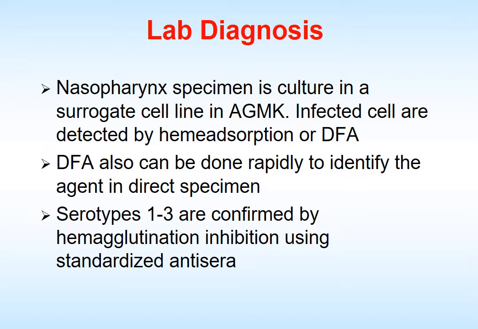Accordingly, by antigenic properties, I mean detection of serotypes from 1 to 3 can be provided, can be confirmed by using the hemagglutination inhibition test, and for this test standardized antiserum has to be used according to serotypes 1 to 3.